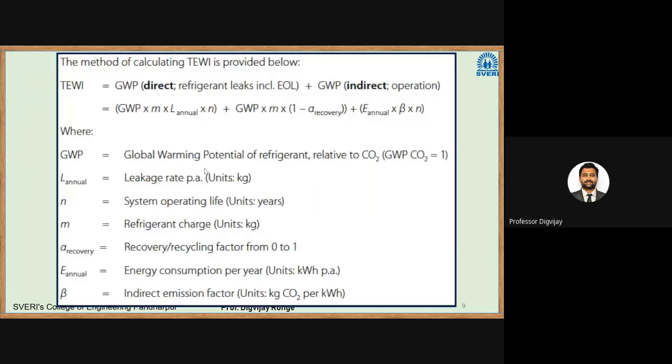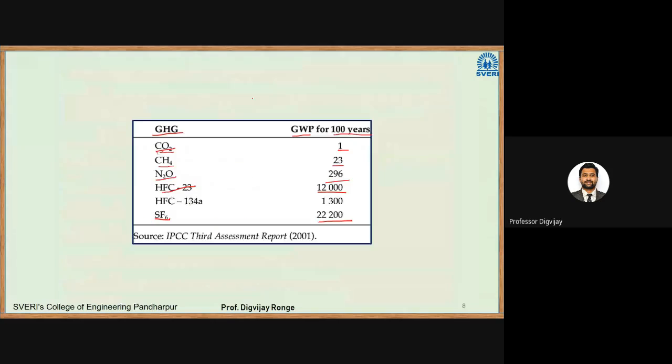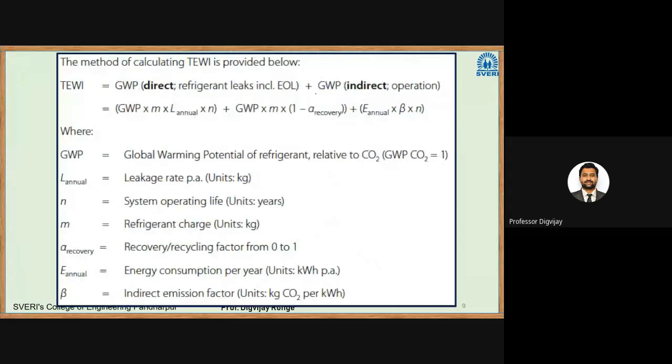Okay, so this is the formula. If I'm going for TWI, that is a total equivalent warming index. So what it is considering? It is considering the direct effects. So if a refrigerant is leaked through a system and it will go into the atmosphere, it will do damage.